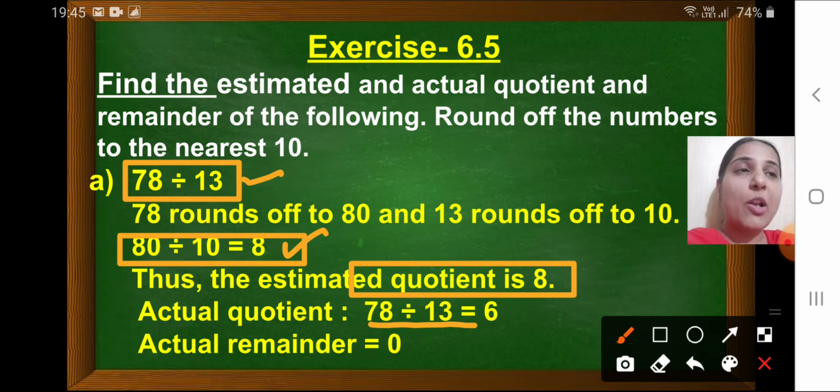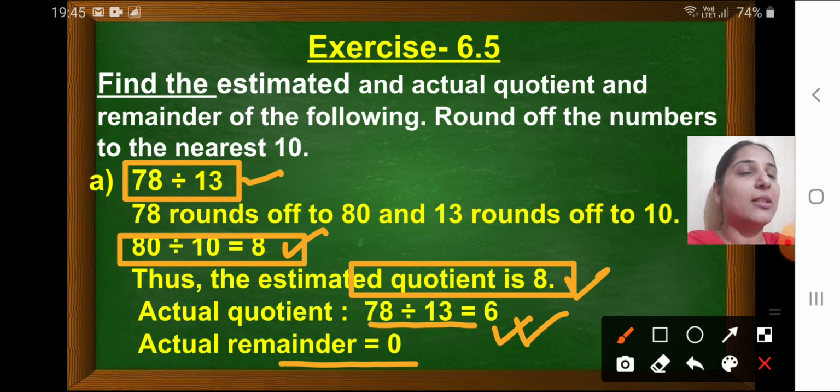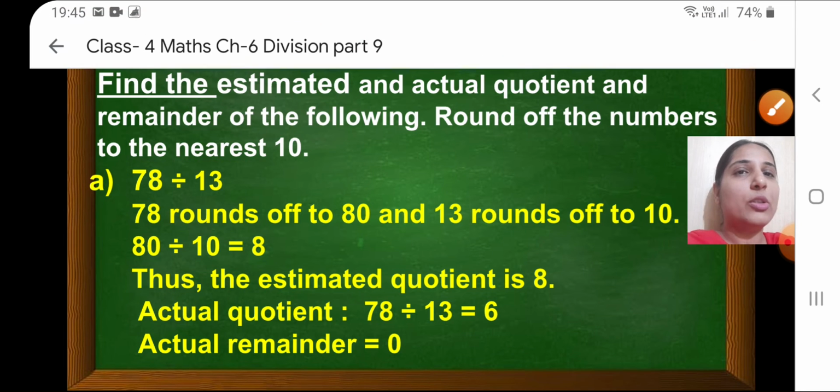You know the table of 13, 13 sixes are 78. When you divide 78 by 13, you will get 6 as quotient, isn't it? That will be completely divisible. That means there is no actual remainder, but the actual quotient is 6. And what is the estimated quotient? The estimated quotient is 8. Understand? Now let's move to the next question.